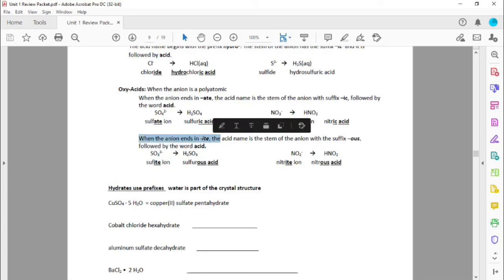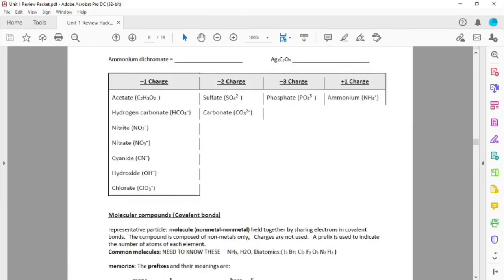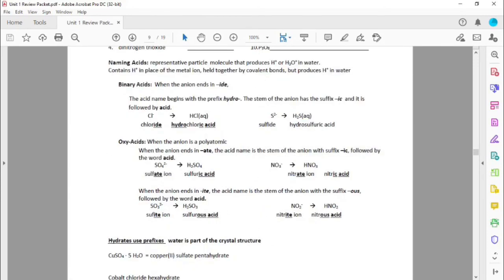If I had sulfite on the other hand, then sulfite changes to sulfurous acid. So one of our sayings to remember that is I ate a humongous bite. And that just helps you connect those 2 endings with how it's going to start on that polyatomic sheet and how it's going to end in our acid name.